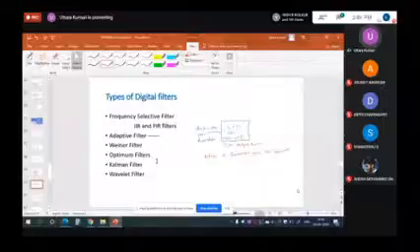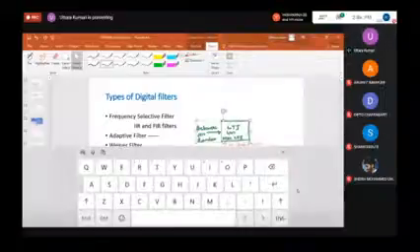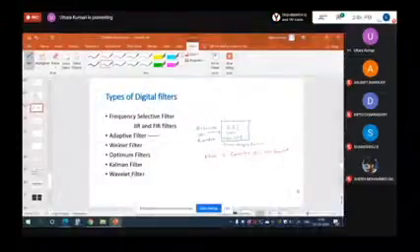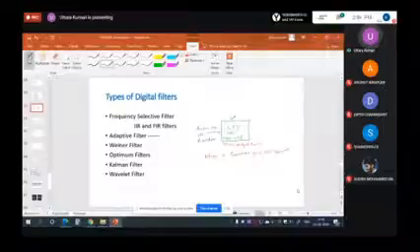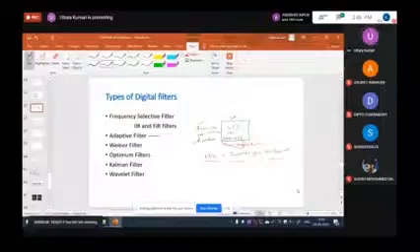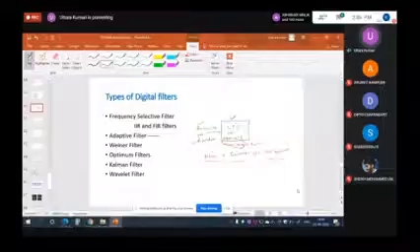When you look at this small diagram I have given, the system can be a time invariant system, or a time varying system, or the input can be a deterministic signal, or a random signal, or the noise can be Gaussian noise or non-Gaussian noise. Anyway, I will be teaching all these things, but as an introduction, let us see.